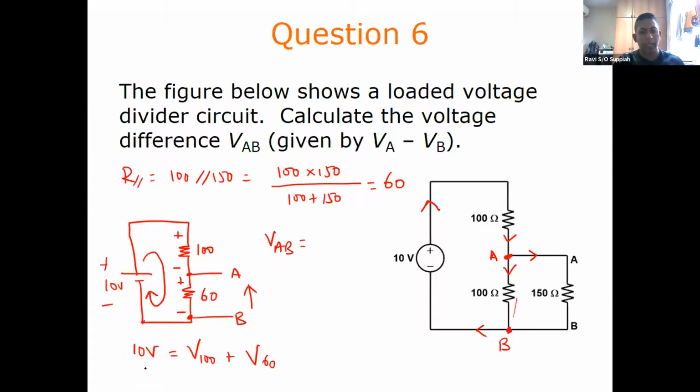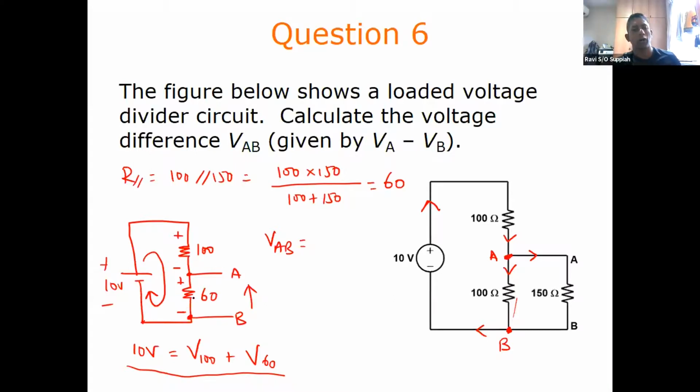And the voltage divider rule basically says that you can take the resistance of a single component, divided by the total resistance, multiplied by the source voltage, to get the particular voltage drop that you want.